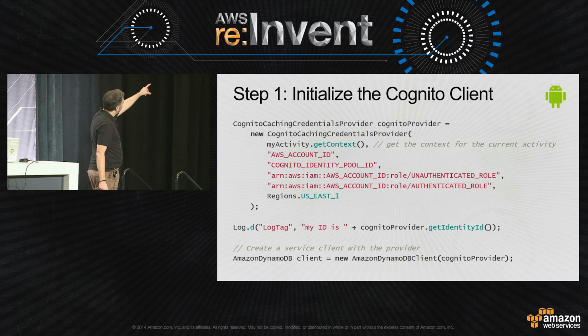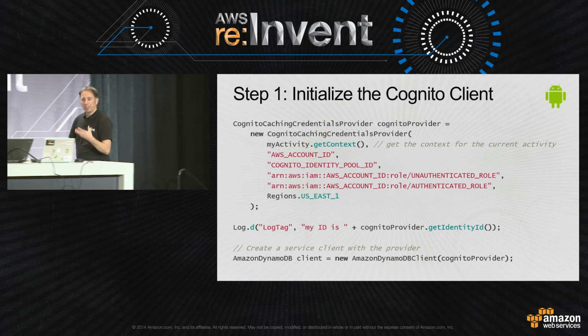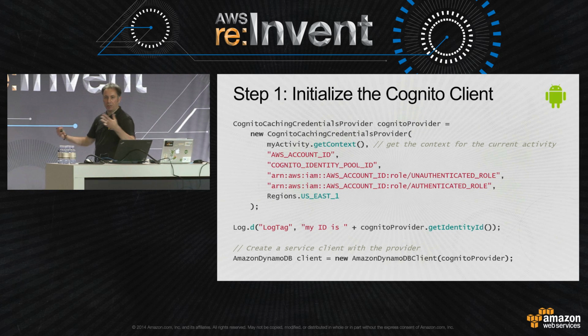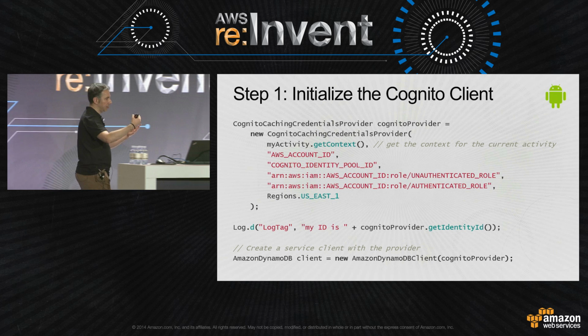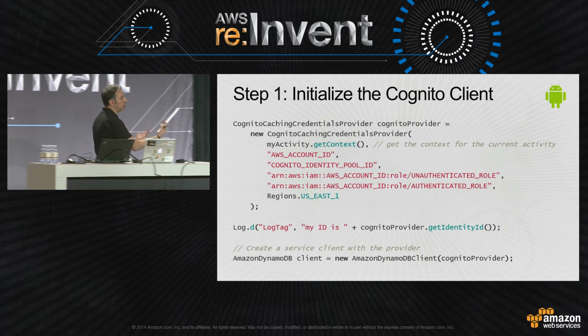And as you see, the object that you get back is the Cognito provider, and you can get the identity ID, the unique ID that Cognito gives you after this login. This identity ID is unique and fixed, but when you merge two identities, so you start non-authenticated and then you log in with Facebook, if we have two identities that we recognize as the same user, then we have to decide.